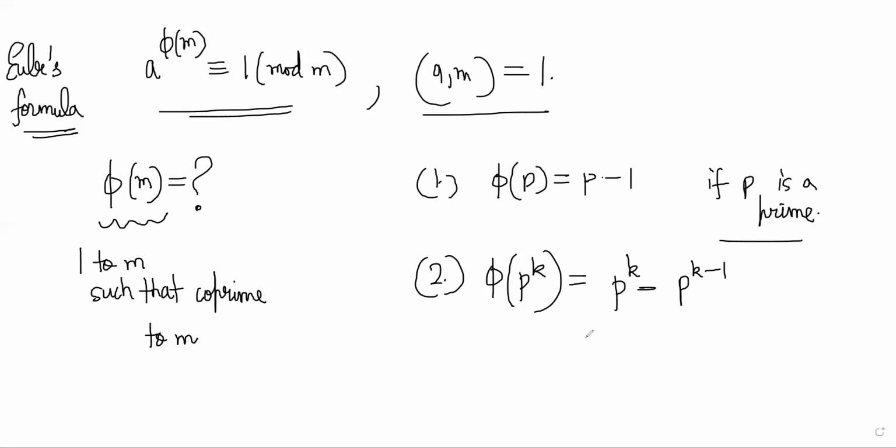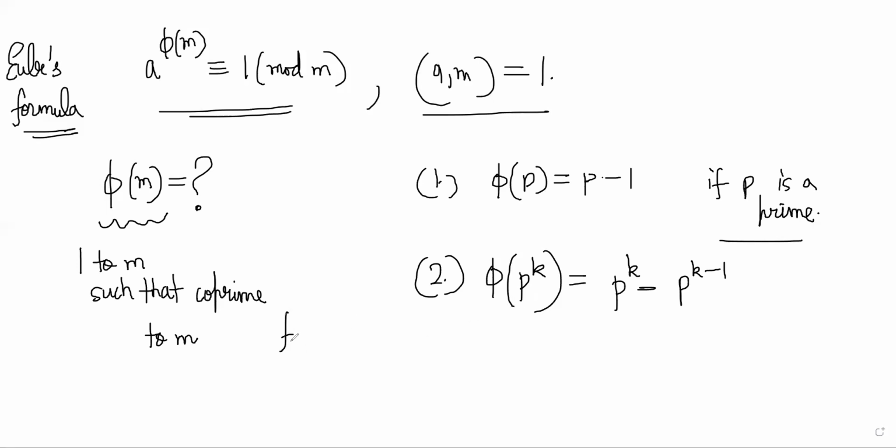So we cancel out p to the power of 2, p to the power of 3, and so on. Basically, phi of p power k. When is a number a not relatively prime to p power k?